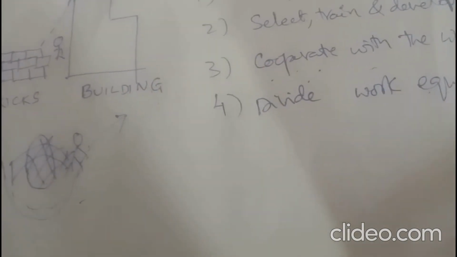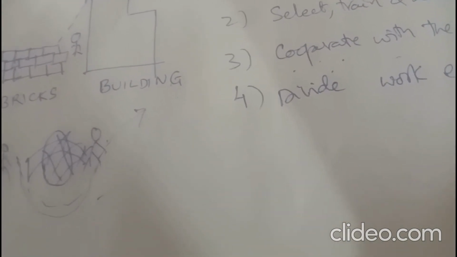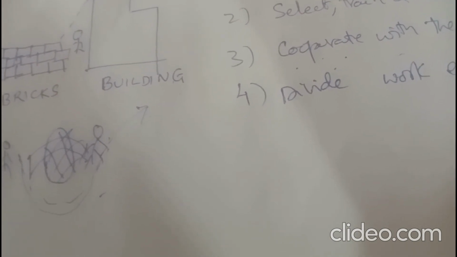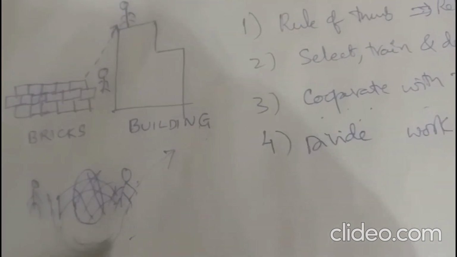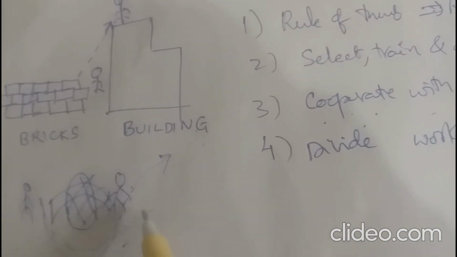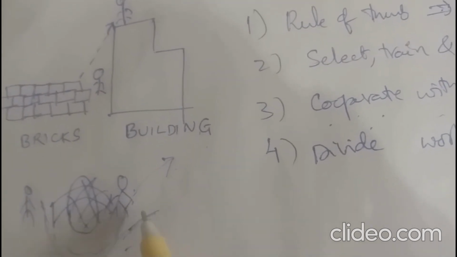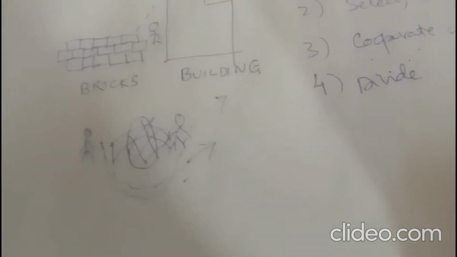The fourth one is divide work equally among managers and workers. That is, managers should also work. They have to be at the place of production, study the environment, study the movement, and analyze the process of production so that production increases to the maximum extent.